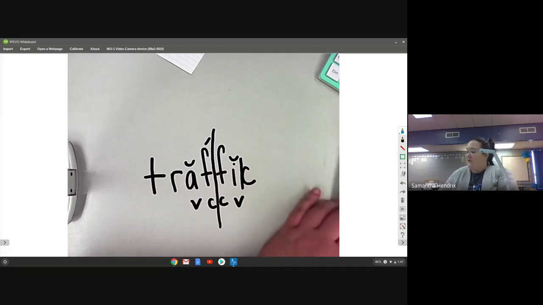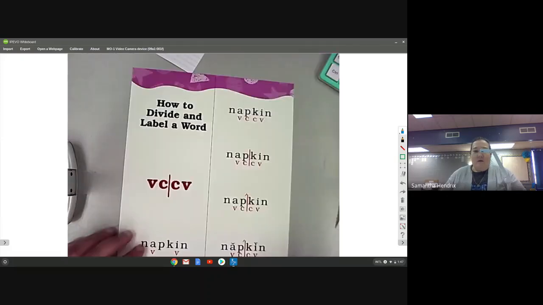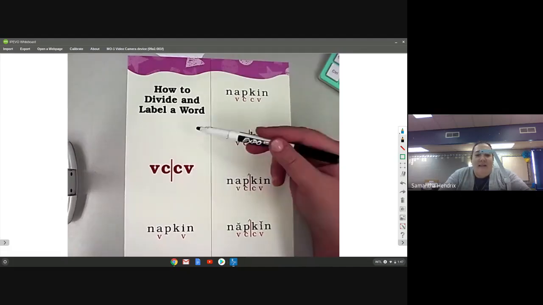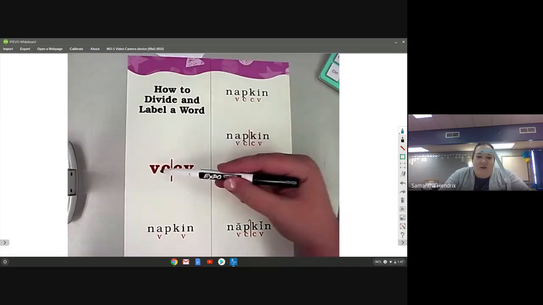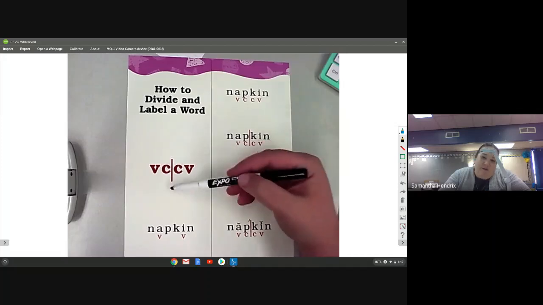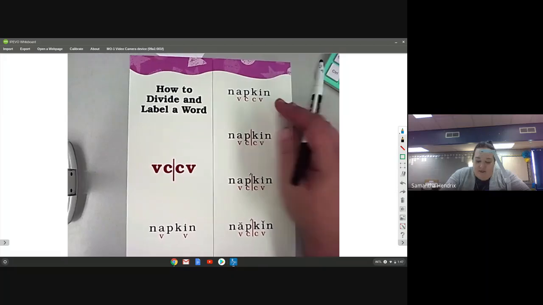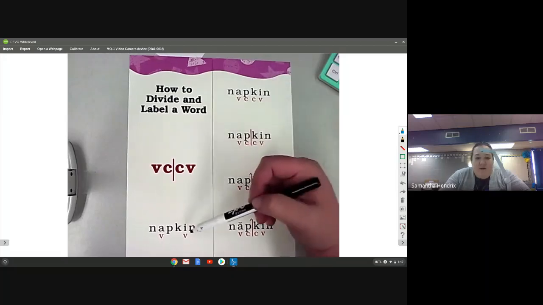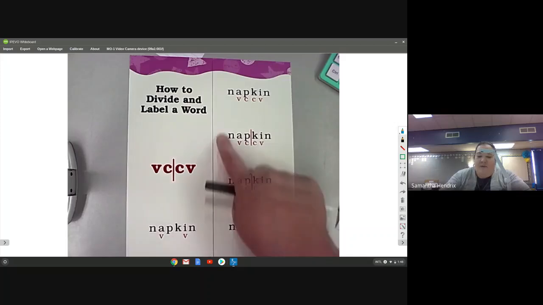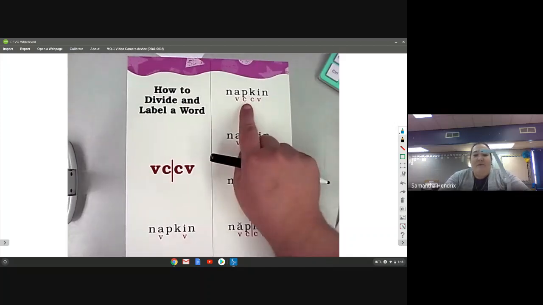So I'm going to show you this card. Here's our rule, how to divide and label a word. Here are vowel, consonant, consonant, vowel, and we have our division line, right? You start with your vowels, you label your vowels first. Then you label your consonants in between your vowels.